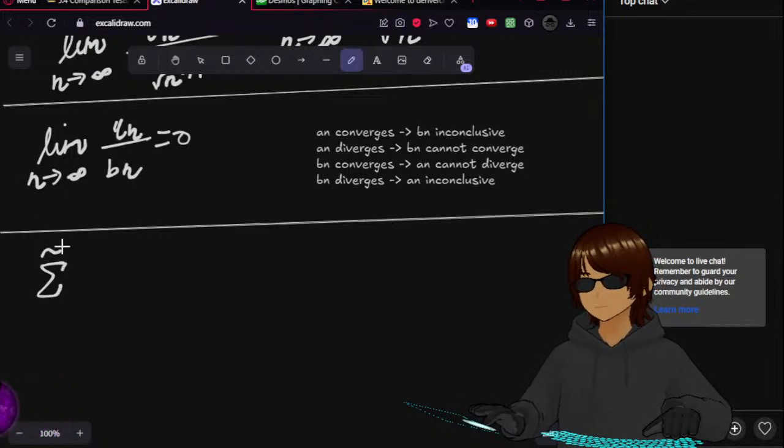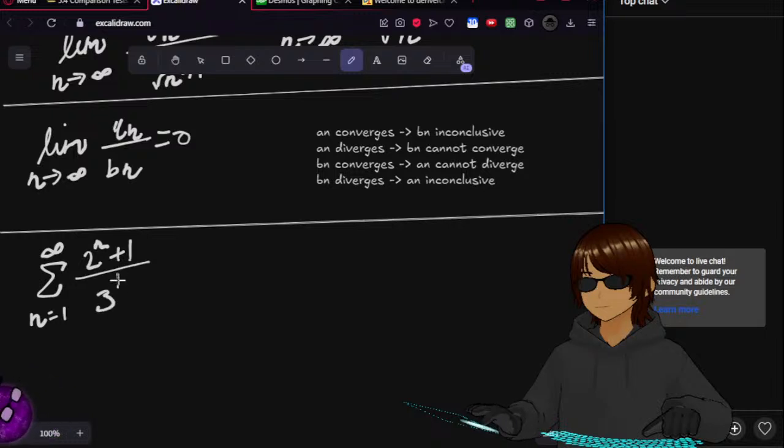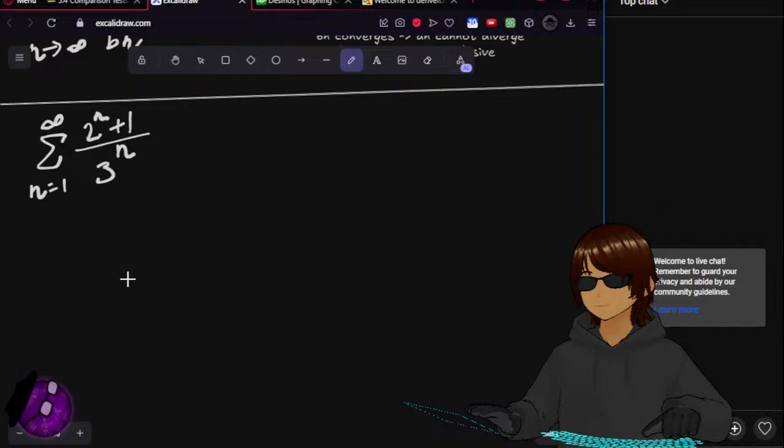Sum from n equals 1 to infinity of 2n plus 1 over 3n. This is an.